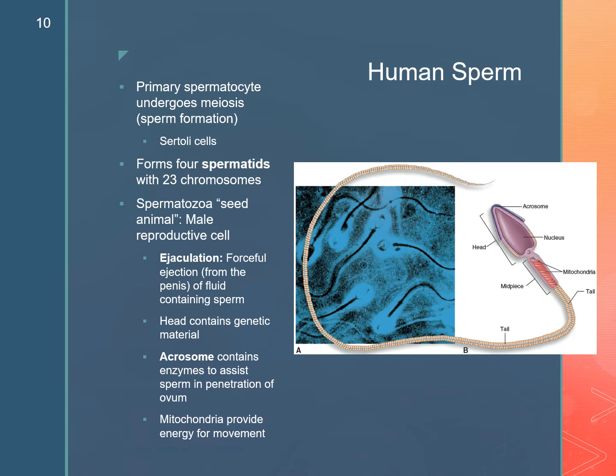And then lastly, it's going to be loaded with mitochondria that is going to help it propel itself through the treacherous journey through the vagina, through the cervix, into the uterus, and oftentimes up into the fallopian tube to find the egg. And that tail we refer to as a flagellum. And the flagellum is the whipping tail that is going to provide the motion for the sperm.